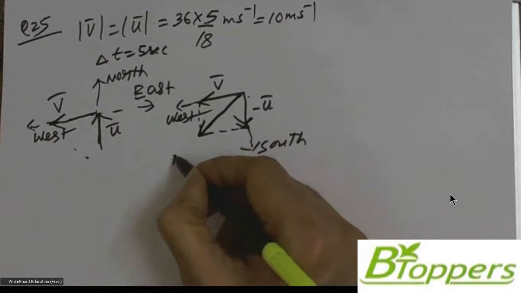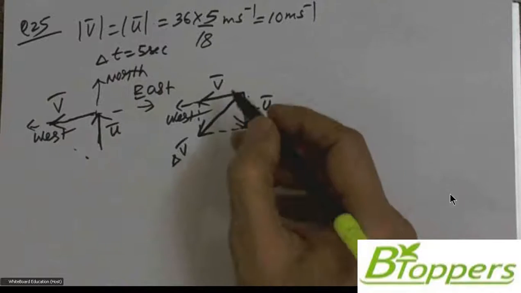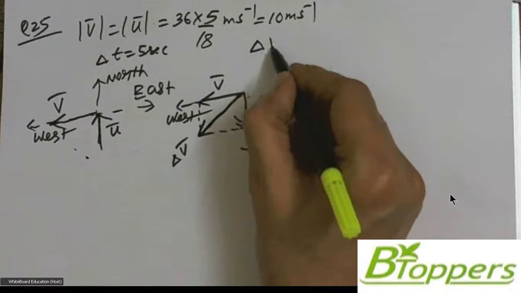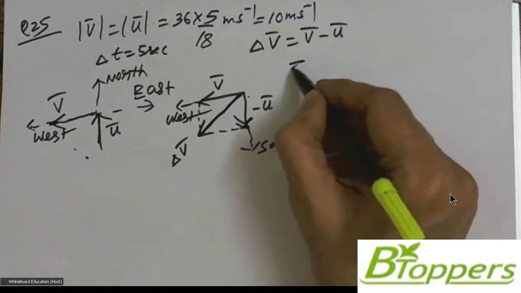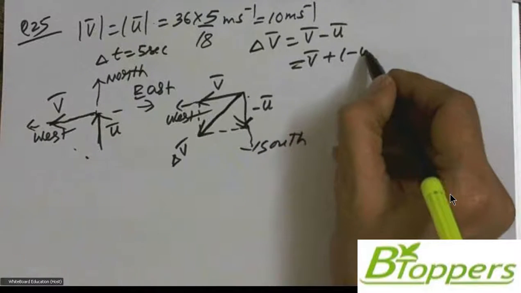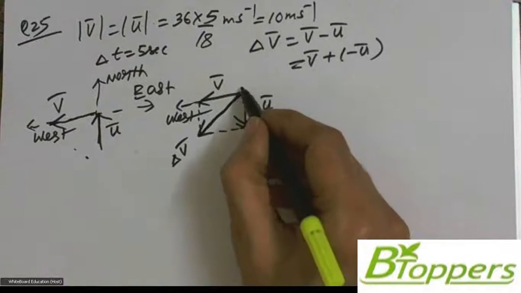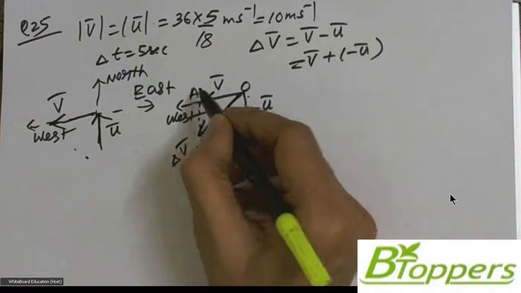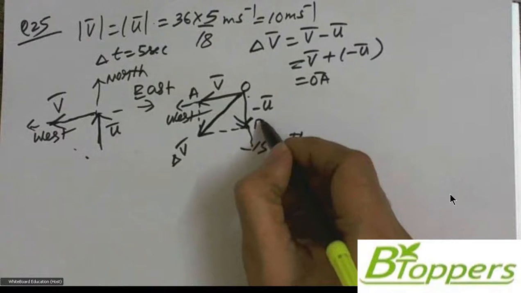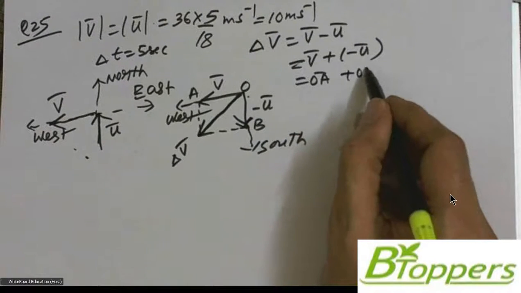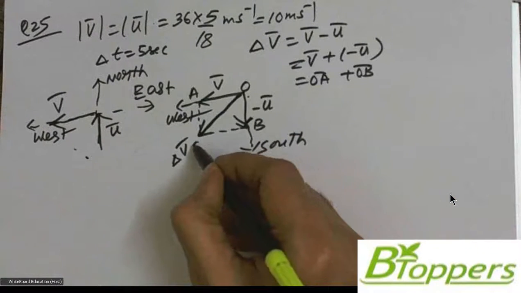The change in the velocity, let us suppose denoted by delta V bar, equals V bar minus U bar, which you can write as V bar plus minus U bar. In the figure, the velocity vector V bar is represented by OA bar. Vector minus U bar is represented by OB bar.